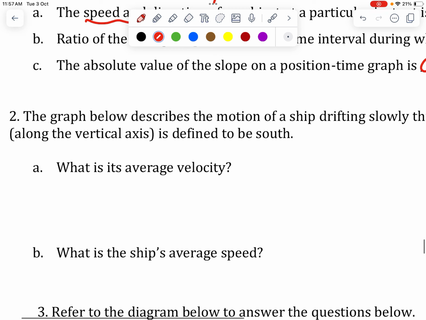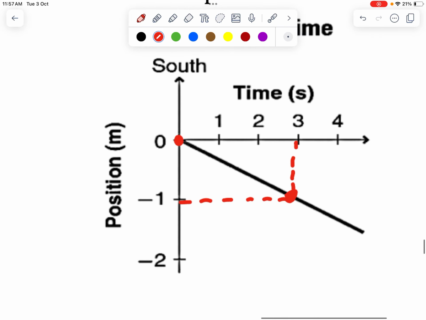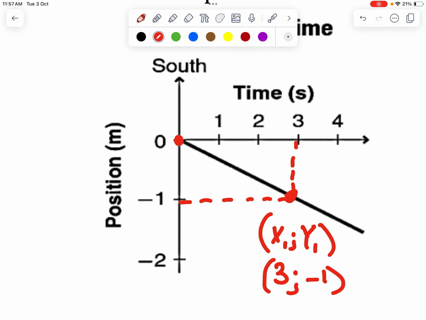The average velocity is the slope, which means (y2 minus y1) over (x2 minus x1). Taking x1, y1 as 3 and negative 1, and the other point as 0, 0, x2, y2.